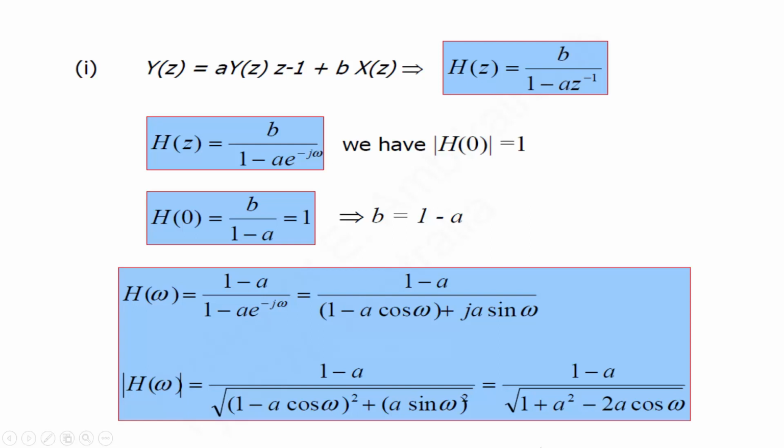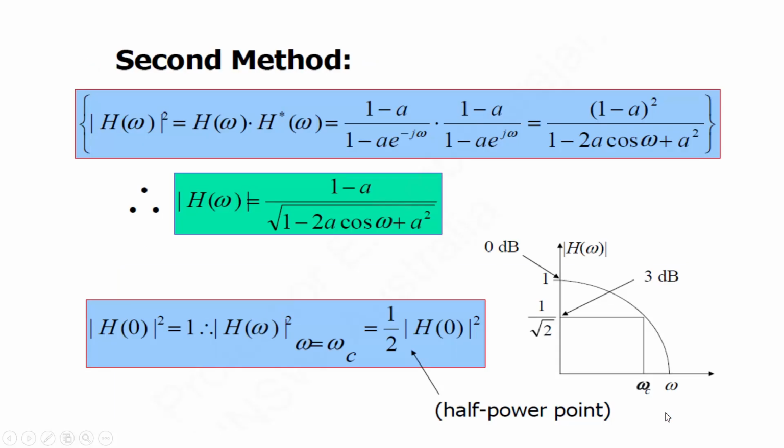Now if you expand 1 minus a cos omega whole square, this will have a cos square omega, and you can reduce the expression using cos square omega plus sine square omega equal to 1. By applying that, the expression reduces to 1 minus a under root of 1 plus a square minus 2a cos omega.